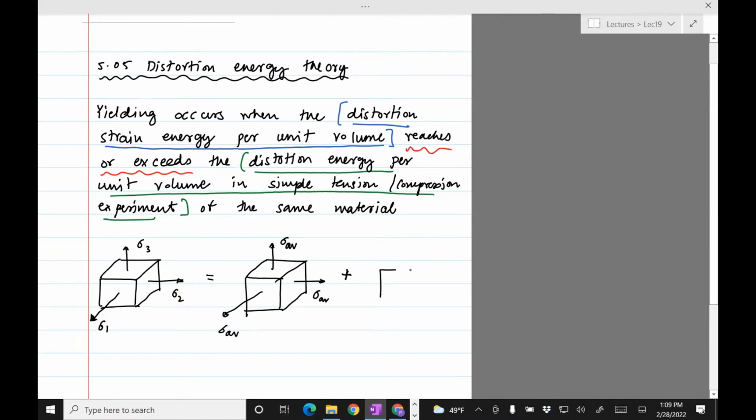So the same shape, same element, just that it's subjected to sigma 1 minus sigma average, sigma 2 minus sigma average, sigma 3 minus sigma average.